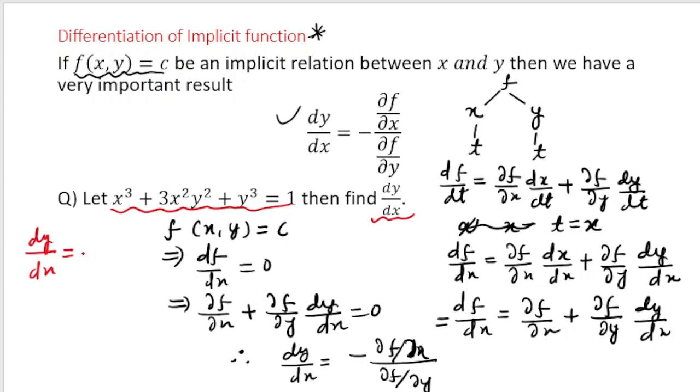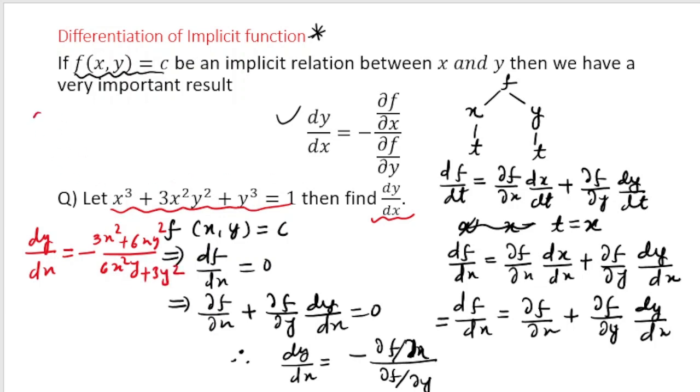So to write dy/dx, I will write minus and then the partial derivative with respect to x, which is 3x² plus 3 into 2, 6xy², and with respect to y, I will get 6x²y plus 3y². So this is the value of dy/dx. I hope you got it.